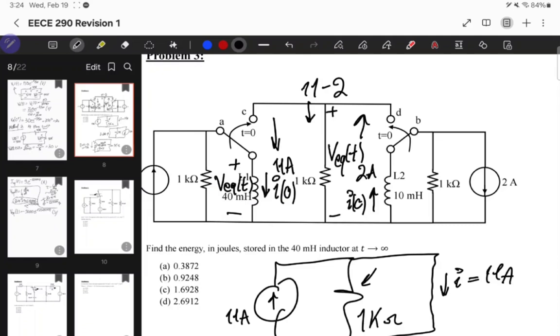If I have the voltage, I can get the current. We know from the formula sheet, and even without the formula sheet, that the energy in the inductor is half L i squared. If I evaluate this current at infinity, I get the energy at time equal to infinity. So I need the current in the inductor L1, and I have the voltage.